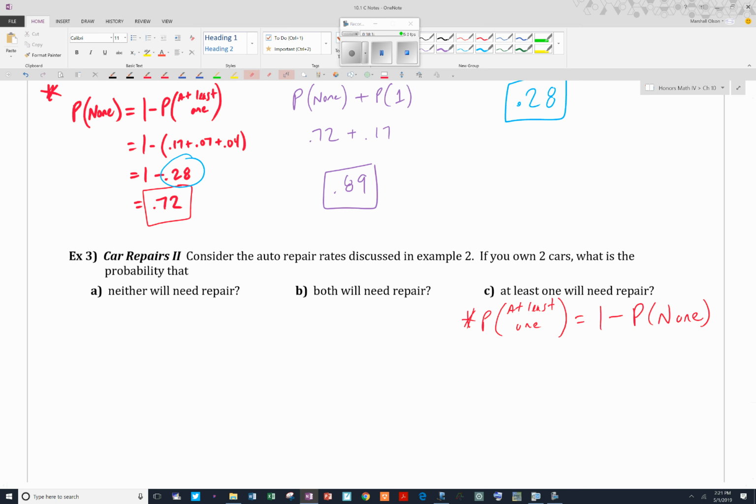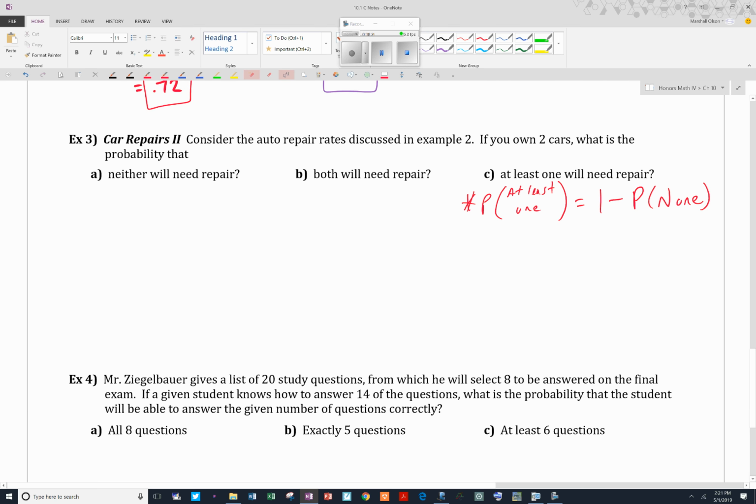But now let's look at what's happening in this problem. Consider the auto repair rates discussed in that example. If you own 2 cars, what is the probability that, and then it asks you a couple of different questions. Since we're saying the probability of this happening and this happening, because I have these 2 cars, we need to multiply some probabilities together, right? In order to multiply probabilities together, though, they have to be independent.